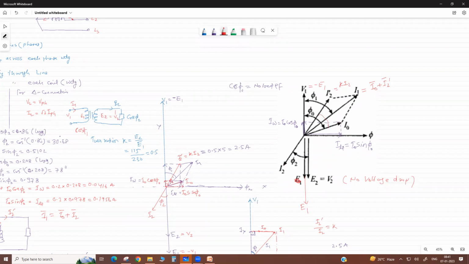Otherwise, I1 we can calculate as I2 dash square plus I naught square plus twice I2 dash I naught cos theta, like R square equals P square plus Q square plus twice PQ cos theta.